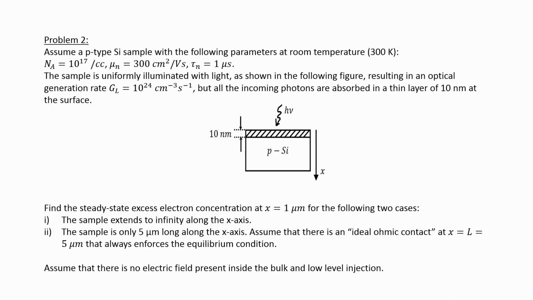The problem states: assume a p-type silicon sample with the following parameters at room temperature, 300 Kelvin. 300 Kelvin means the thermal voltage will be equal to 0.026 volt. Some parameters are given, for example the doping density Na is equal to 10 to the power 17 per cc, the mobility of the electron is 300 centimeter square per volt second, and tau n is equal to 1 microsecond. Just remember here that the electron is your minority carrier because it is p-type silicon.